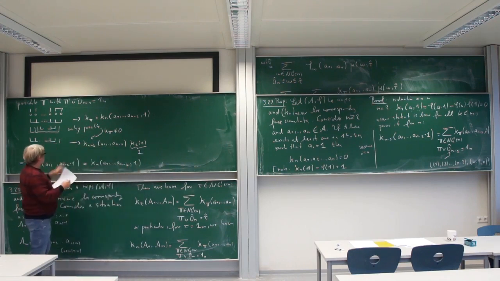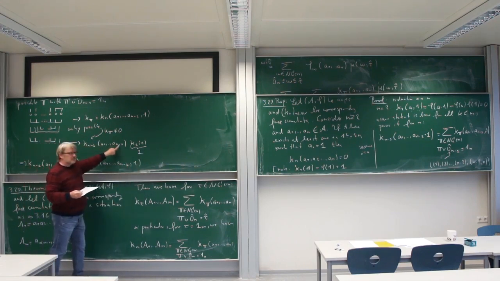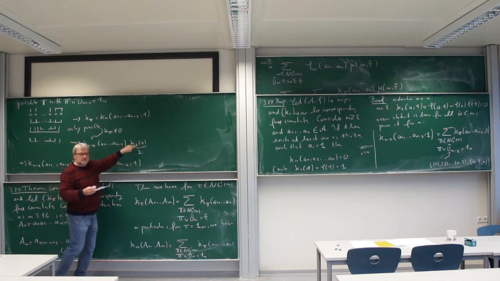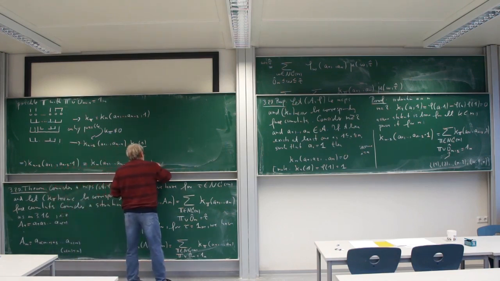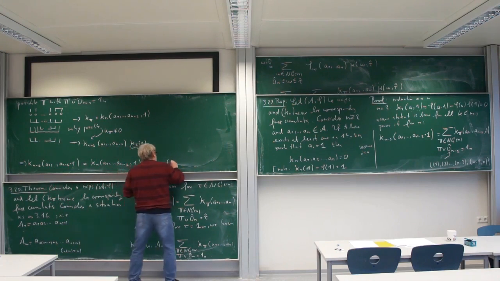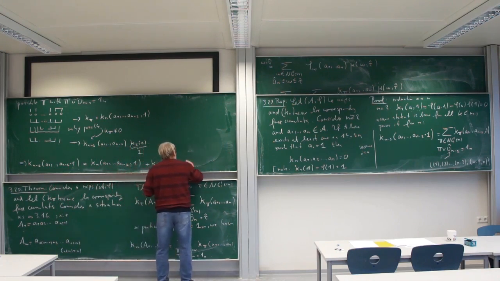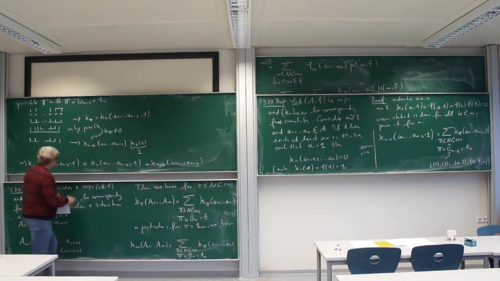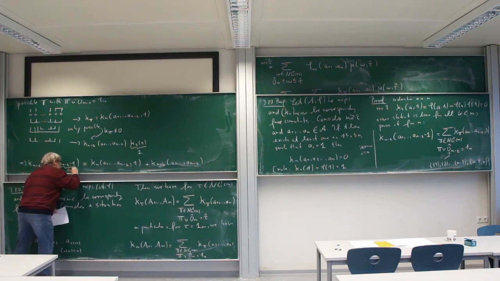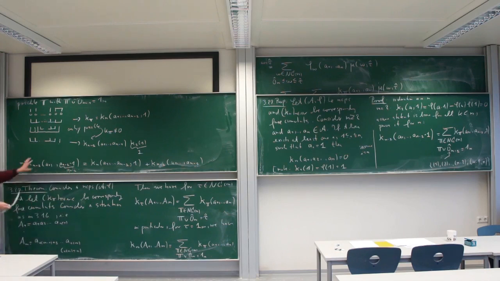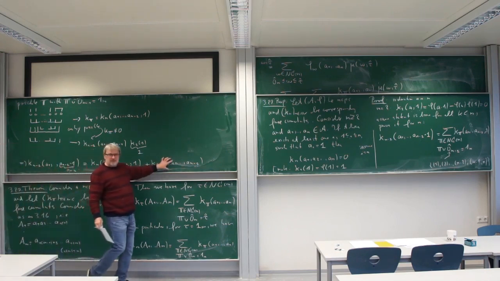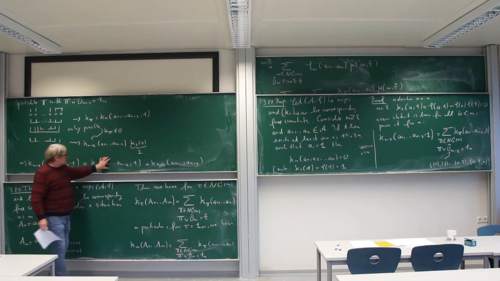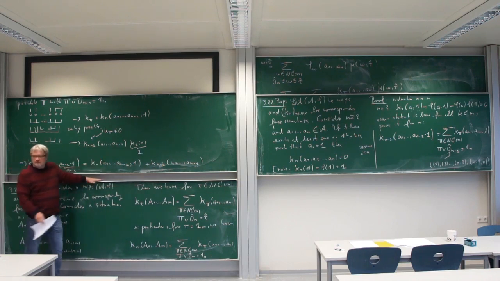And the second possibility gives me the kappa_{n-1} of the first n-1 arguments times 1. So plus kappa_{n-1} of a1 up to a_{n-1}. Good, but of course this term here is the same as this term, because a_{n-1} times 1 is just a_{n-1}. So this term is here again, so this cancels away, which means that this term has to be equal to 0.